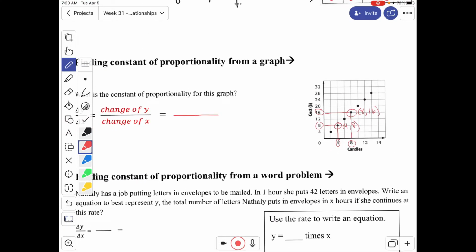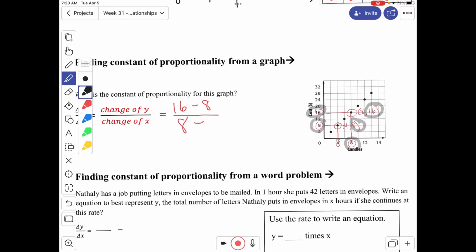So I want to find the change of y and the change of x. So I put my two y numbers on top. The y's were 16 and 8, or you can look at them over here. And the x that went with 16 was 8.